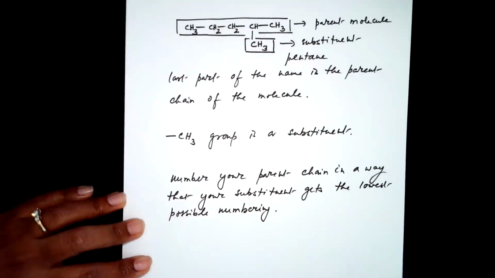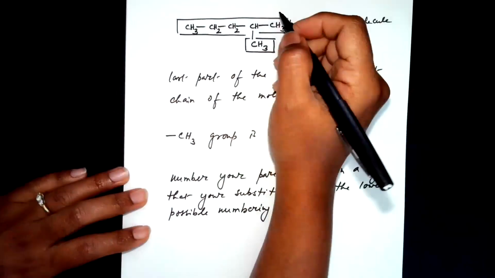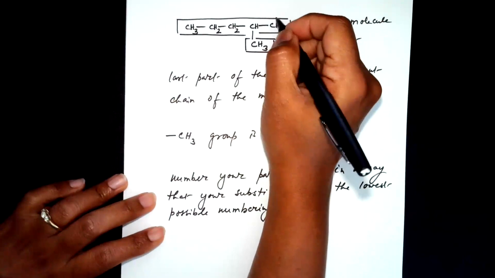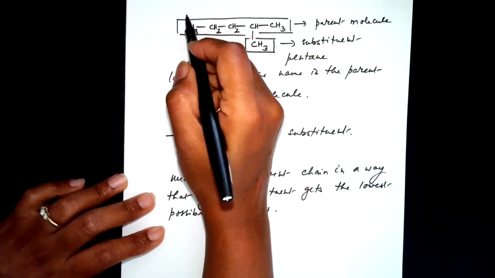So for this molecule, I could have either started from this end as carbon 1, or I could start from that end as carbon 1.